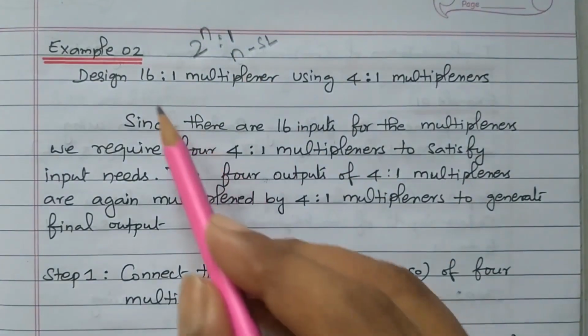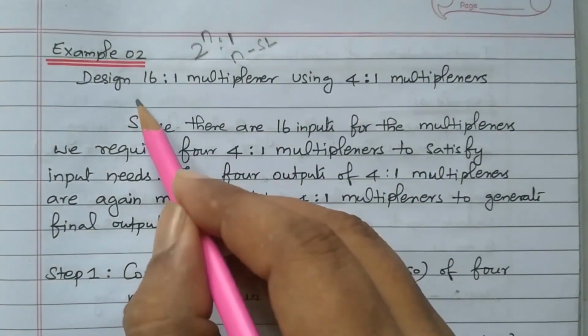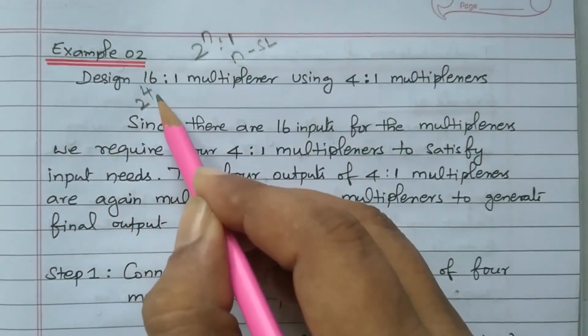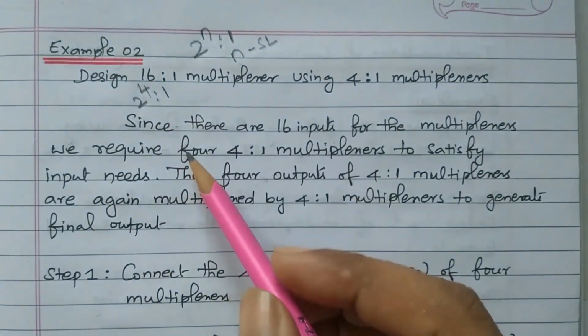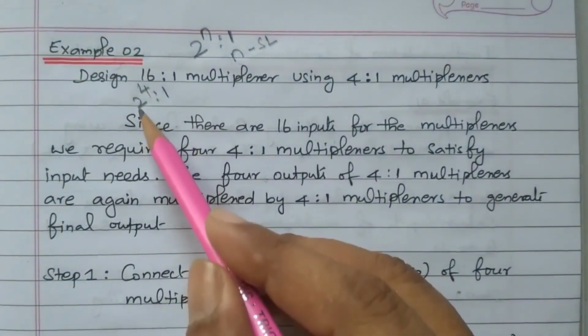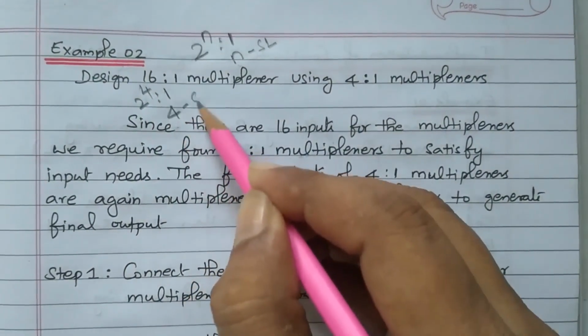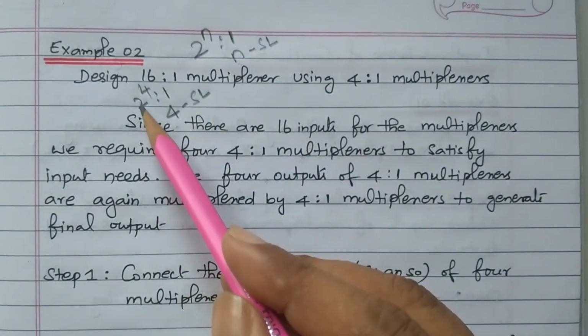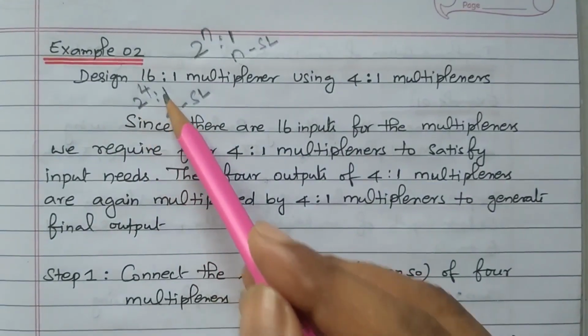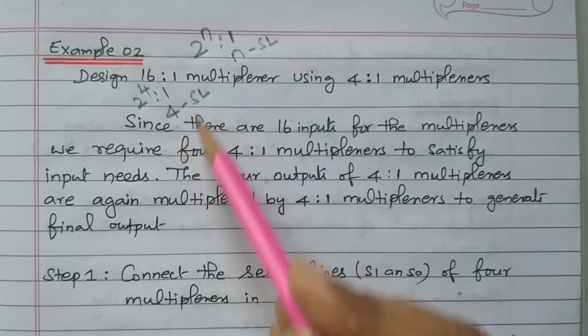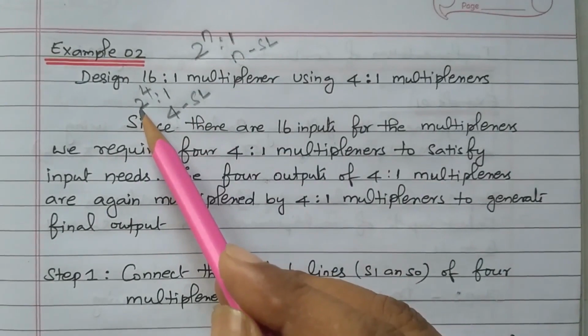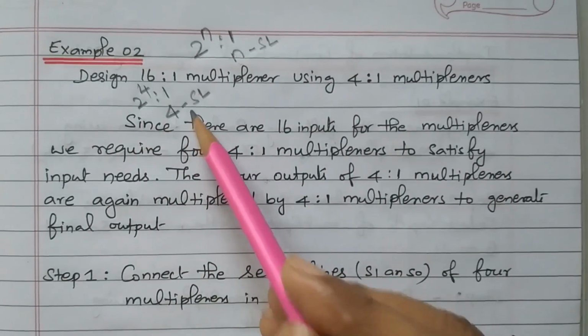So a 16:1 multiplexer means 2 to the power 4:1 multiplexer, right? So n equals 4 here, so we need 4 selection lines. So 2 to the power 4 inputs, 1 output and 4 selection lines, that is 16 inputs, 1 output and 4 selection lines.